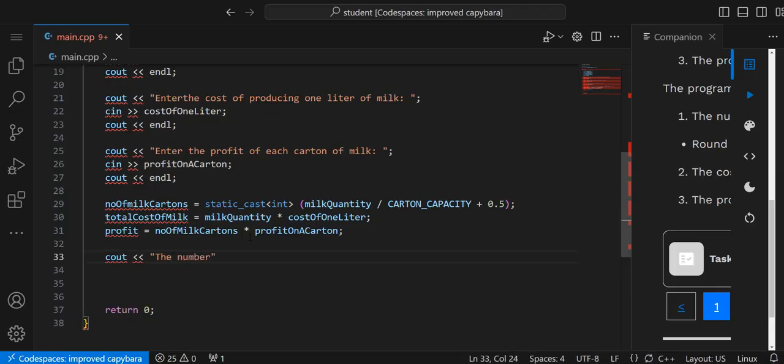The number of milk cartons needed to hold the milk. Okay. And keep that going.